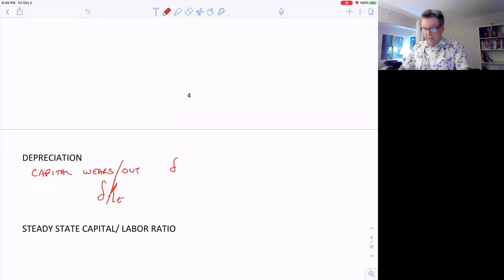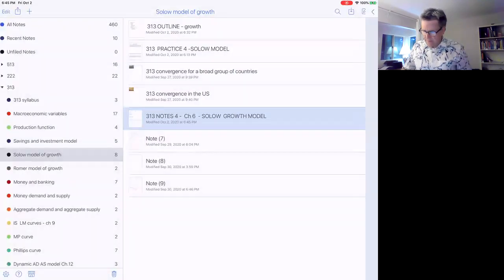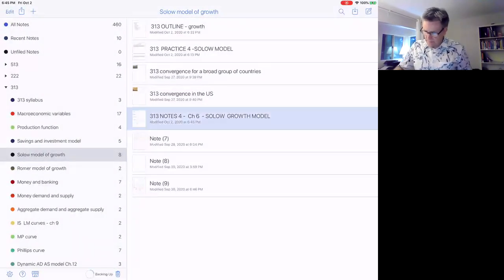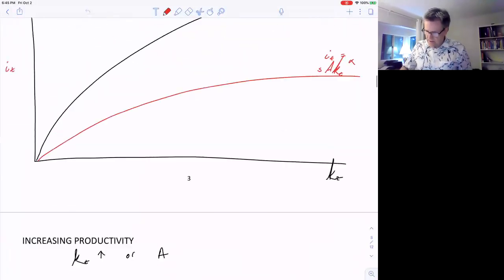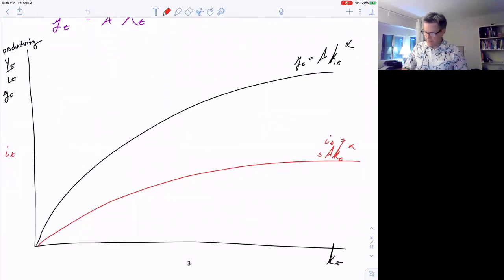Now let me draw this line up in the other graph here. Oops. Go up here. In this graph, I'm going to draw the delta times little k sub t. And delta is something like 5% or 10%, something like that.